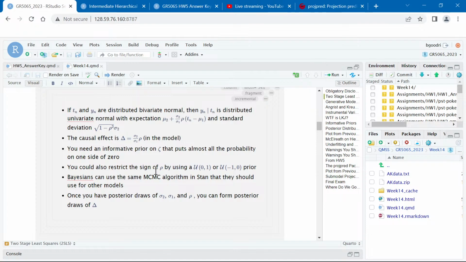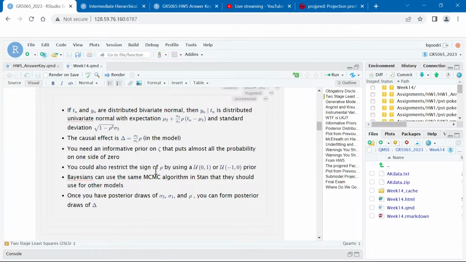If the treatment variable and the outcome variable are distributed bivariate normal jointly, then the outcome conditional on the treatment is distributed normal, with conditional expectation equal to the original marginal expectation plus sigma 2 divided by sigma 1, multiplied by rho, multiplied by the residual, the error, between the treatment and the expectation of treatment that's implied by the instruments and the other predictors.